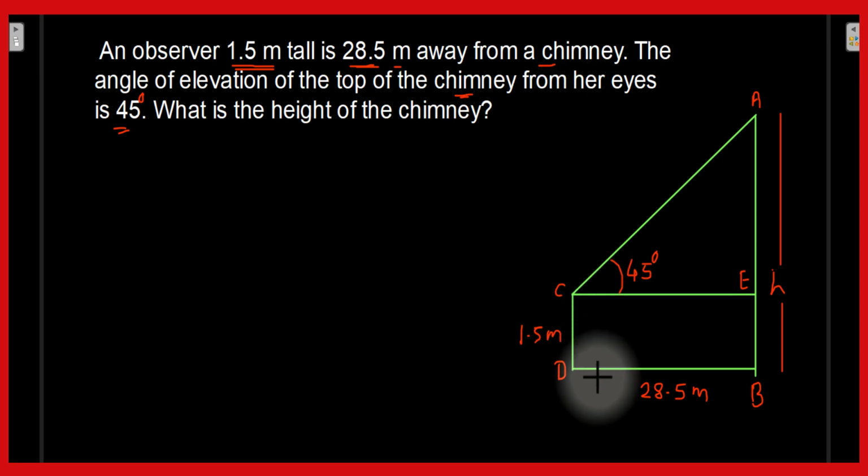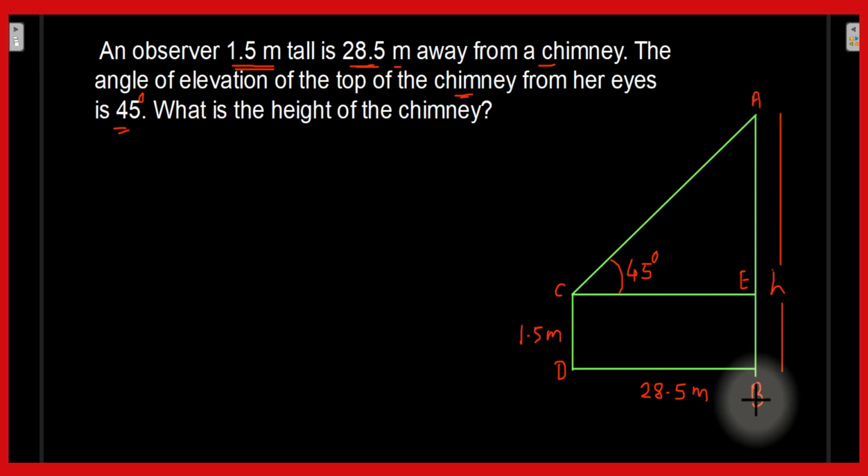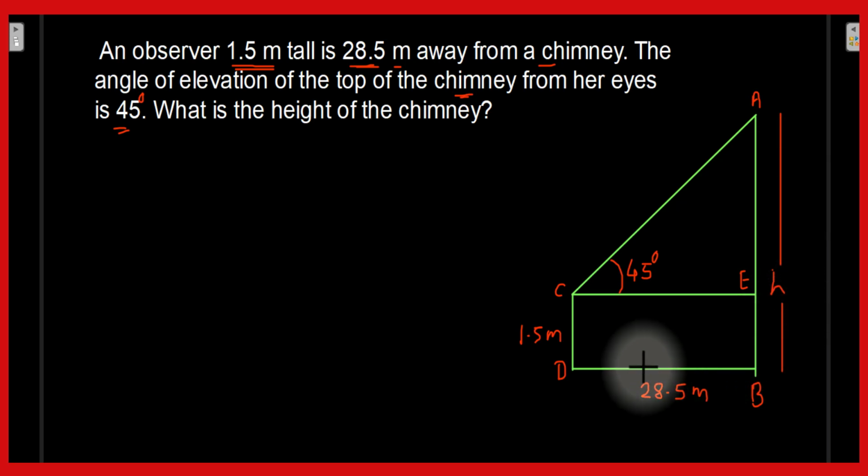Friends, it is said that CD is an observer whose height is 1.5 meter and AB is a chimney whose height we have to find. So first we will assume that the height of the chimney is h meter and the height of that observer is 1.5 meter, and it is also said that the observer is standing 28.5 meter away from the chimney.